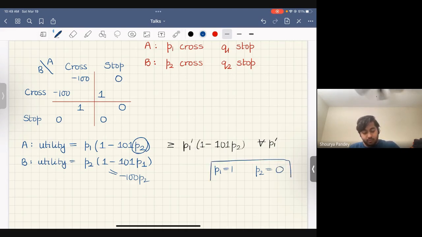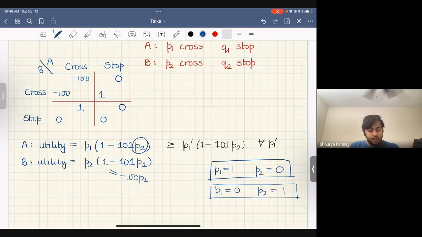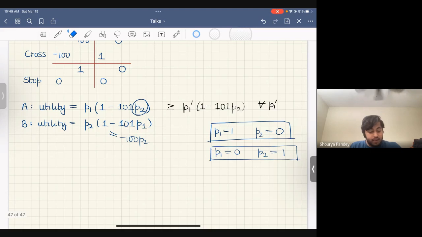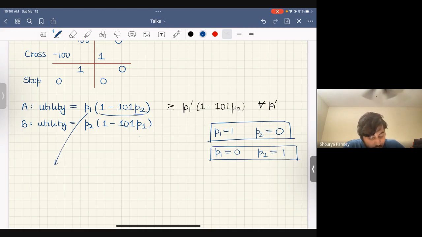and in fact this turns out to be one Nash equilibrium. Similarly, if P1 is 0 it turns out that P2 equal to 1 is the best, etc. And so the only case remaining is when neither P1 nor P2 is 0 or 1, in which case notice that if this quantity is some non-zero quantity, then taking P1 to be either 0 or 1 is the best, because this is a linear function.